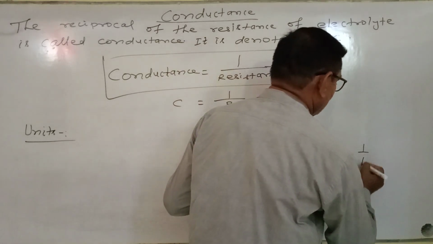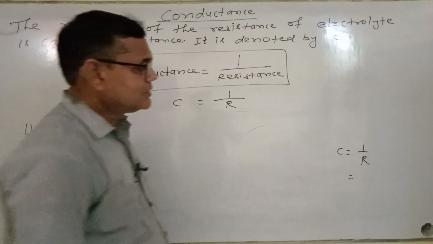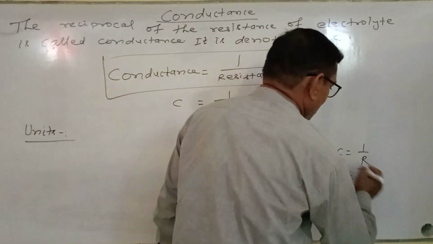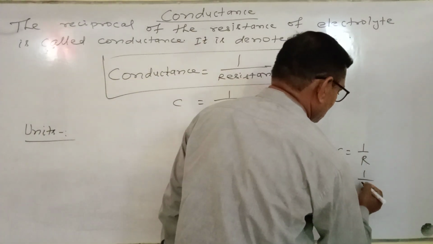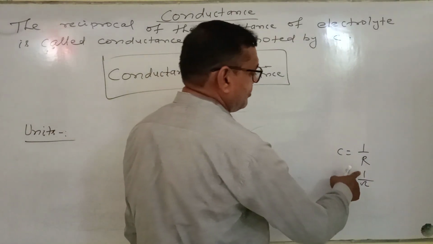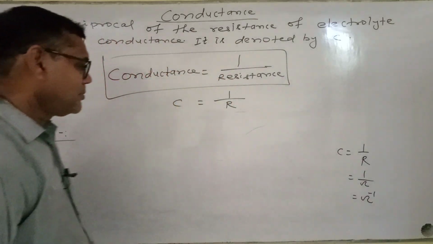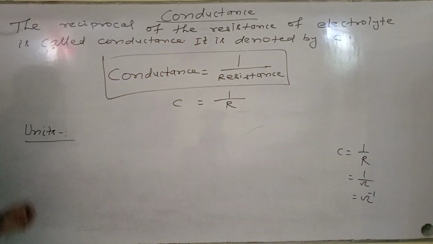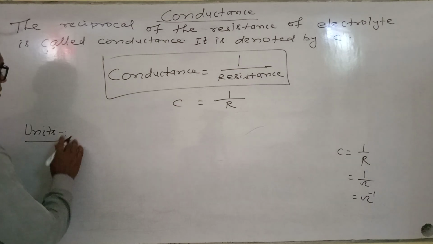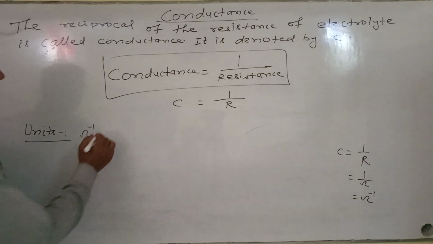Now we write units. Here we explain the unit of conductance. The unit of resistance is ohm. This ohm goes up and is converted into inverse. Therefore, the unit of conductance is ohm inverse.